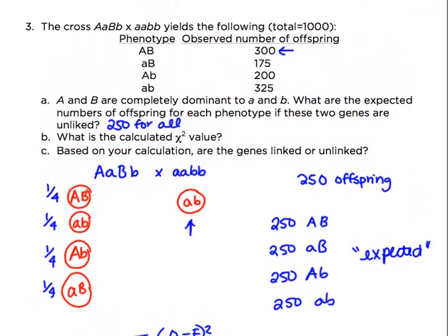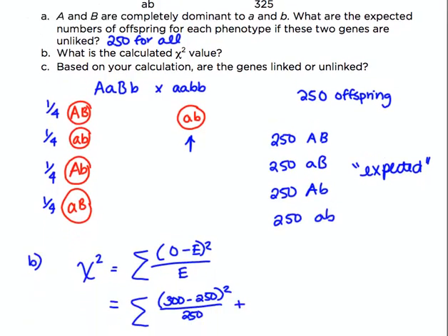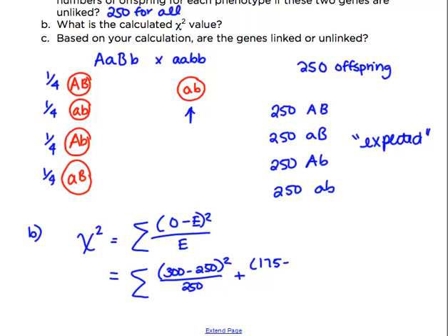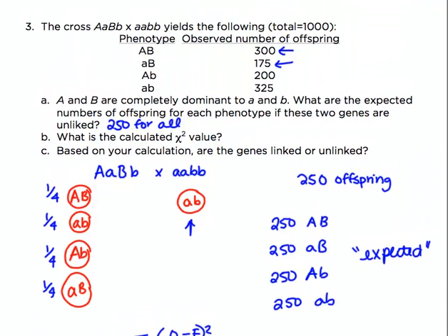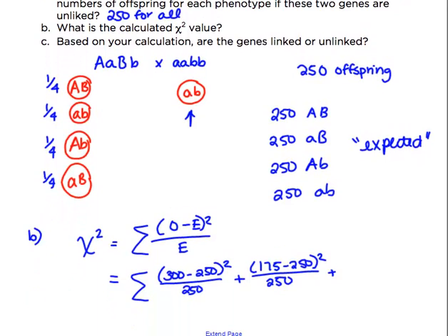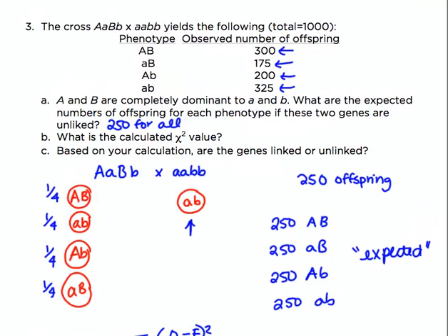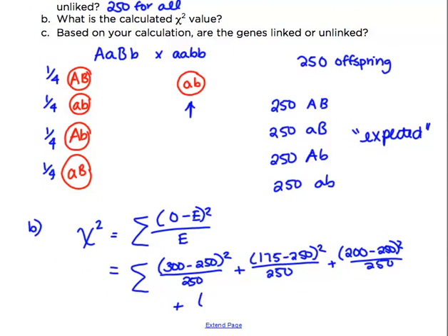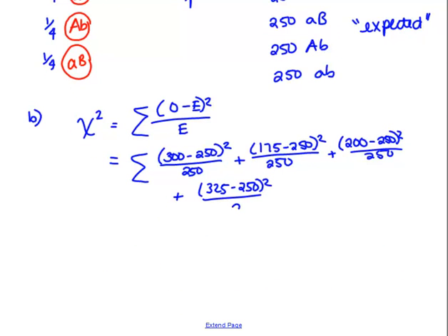The second class, little a, big B, we expected 250 as always, and saw 175. So 175 minus 250 squared over 250. The third class, again, expected 250, and we saw 200. So 200 minus 250 squared over 250. And finally, the last class, we saw 325 and expected 250. So 325 minus 250 squared over 250.